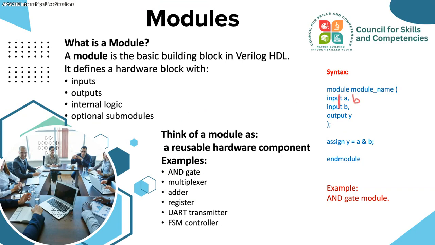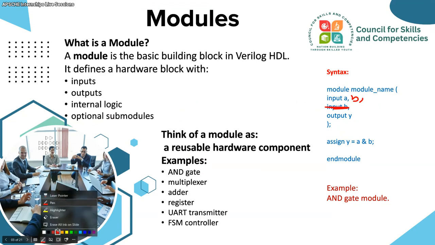Since we have an output, you give a comma, then output y, and afterwards nothing is there, so you don't need a comma. So these are the basic syntax for defining the hardware.